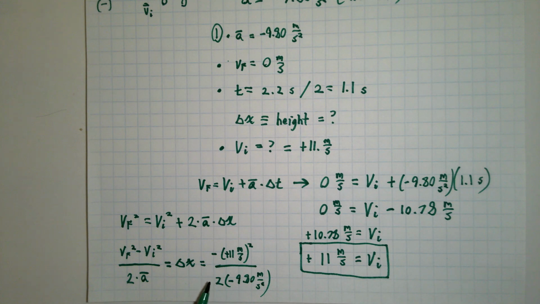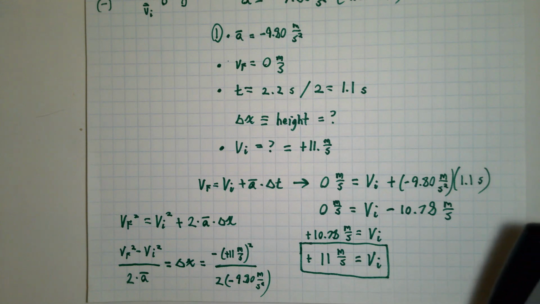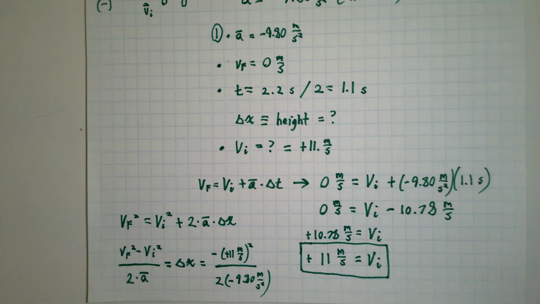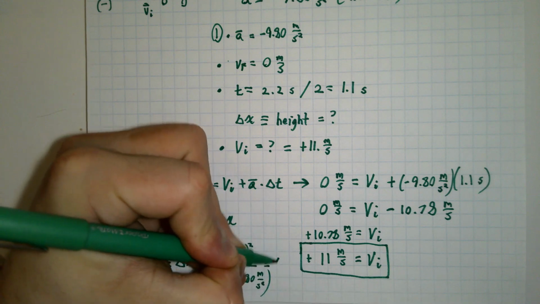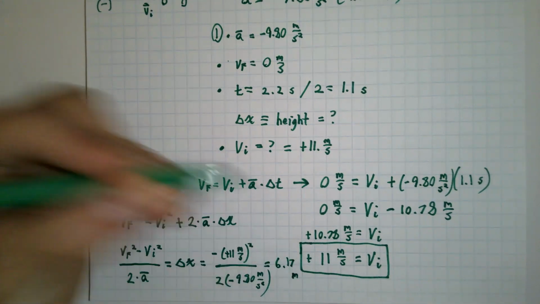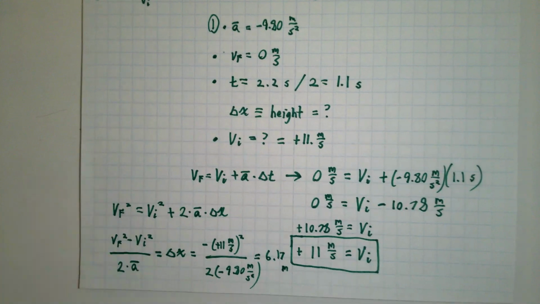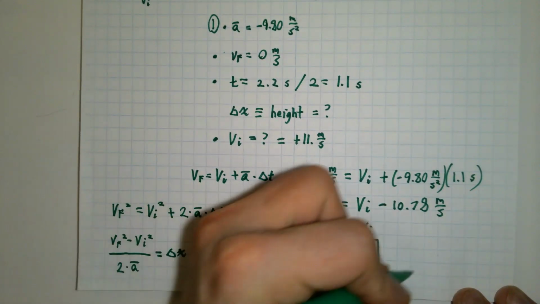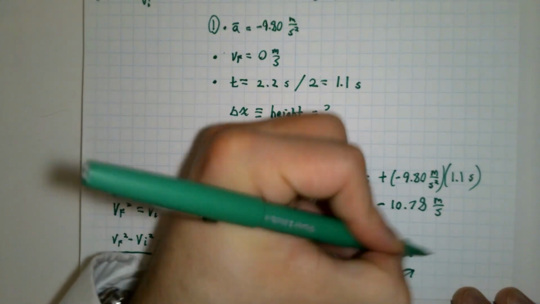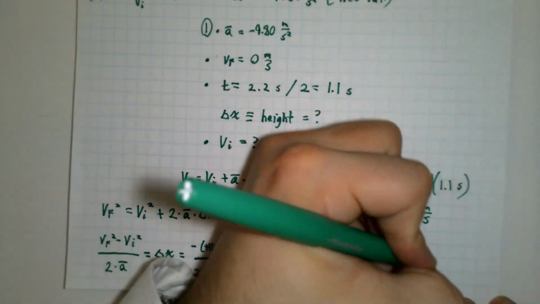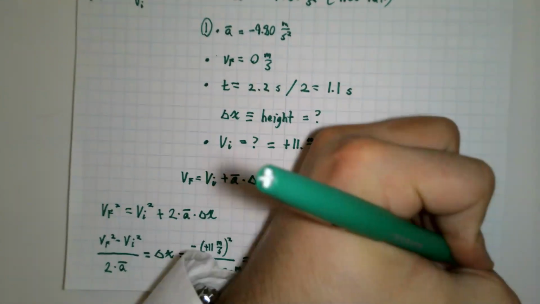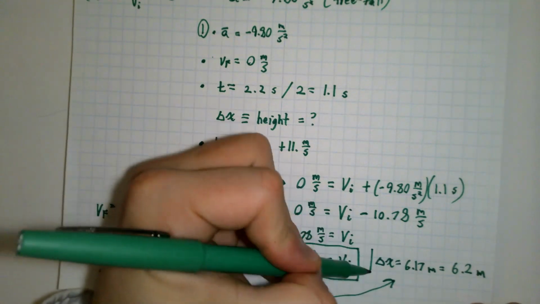And my denominator will be negative 19.6. Altogether, that gives me a height of 6.17 meters. Again, rounding to appropriate significant figures, just 2, then I end up with 6.2 meters as my height.